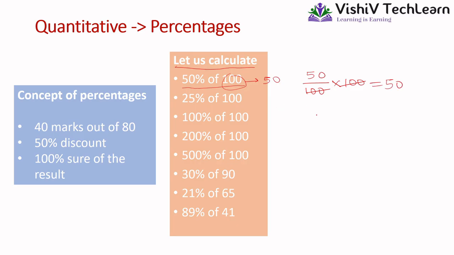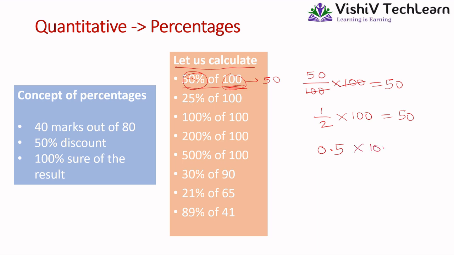Another way to calculate this would be 50%. We know that 50% is half, or 0.5, so we can consider 1 by 2, and we have to find 50% of 100, so multiply by 100, and this also gives 50. This is the second way. In the third way, we can consider 50 by 100, which is nothing but 0.5.